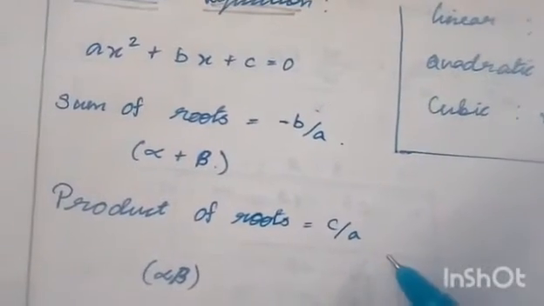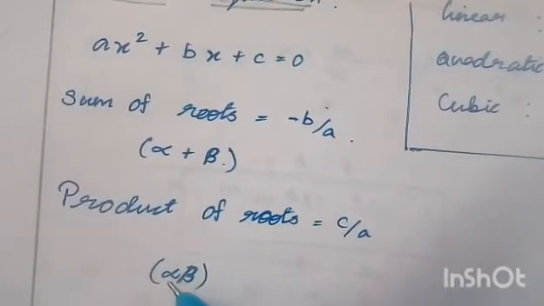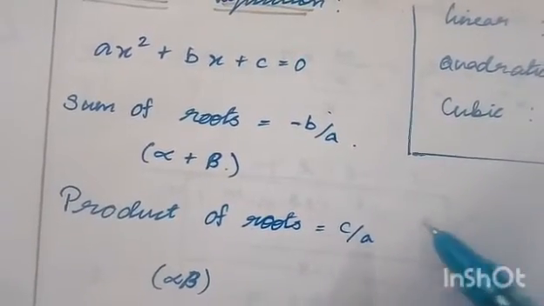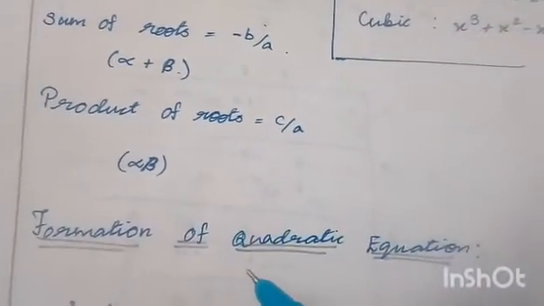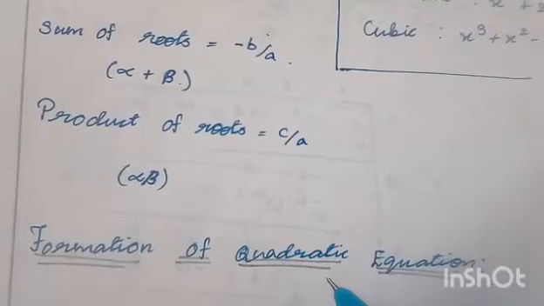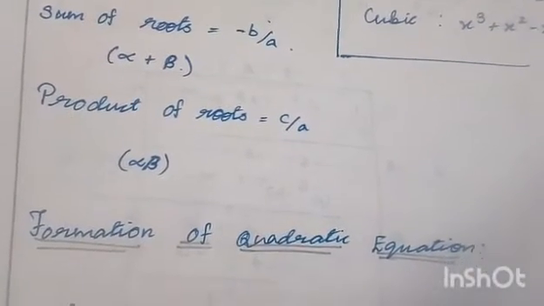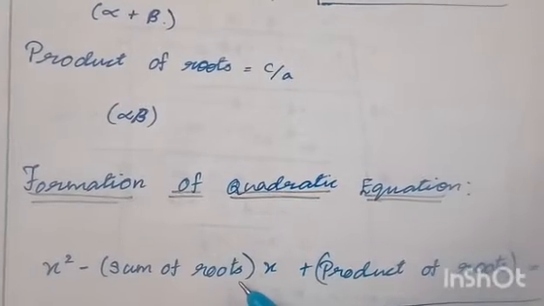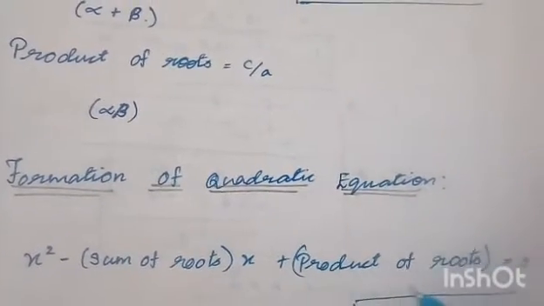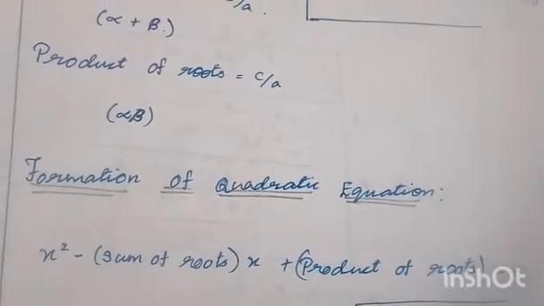Product of roots, alpha into beta, equal to c by a. Now the formation of a quadratic equation: x square minus sum of roots into x plus product of roots is equal to 0.